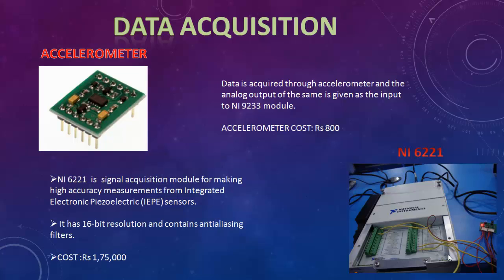We have just purchased a low sensitive accelerometer that cost 800 rupees. The DAC assistance interfacing device which we used is NI6221. It is a 16-bit resolution device which contains anti-aliasing filters, and through this we have achieved the output.